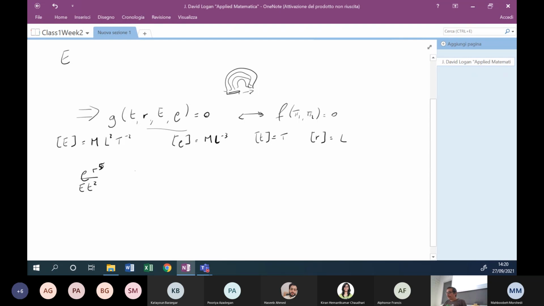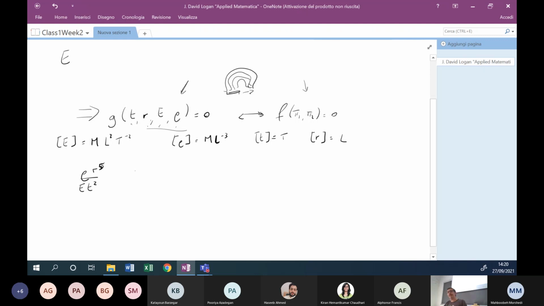So your problem, which is described by this equation, is equivalent to the problem described by another equation whose variables are dimensionless variables built out of the initial variables of your problem.